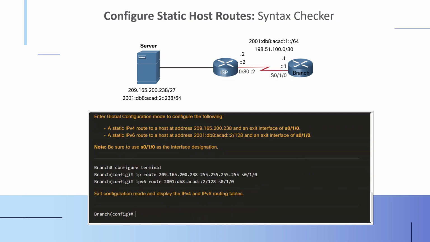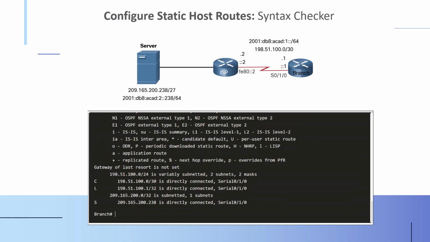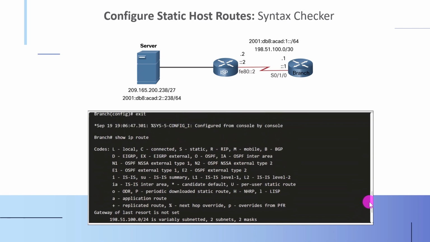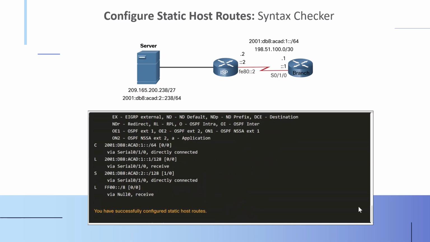Now we have to go into global configuration mode and configure the host address for the branch router to reach the server, but this time by using the exit interface, not the next hop. So we go to global configuration mode, and then we use ip route followed with the IP of the server, the subnet mask, and the exit interface of the branch router.